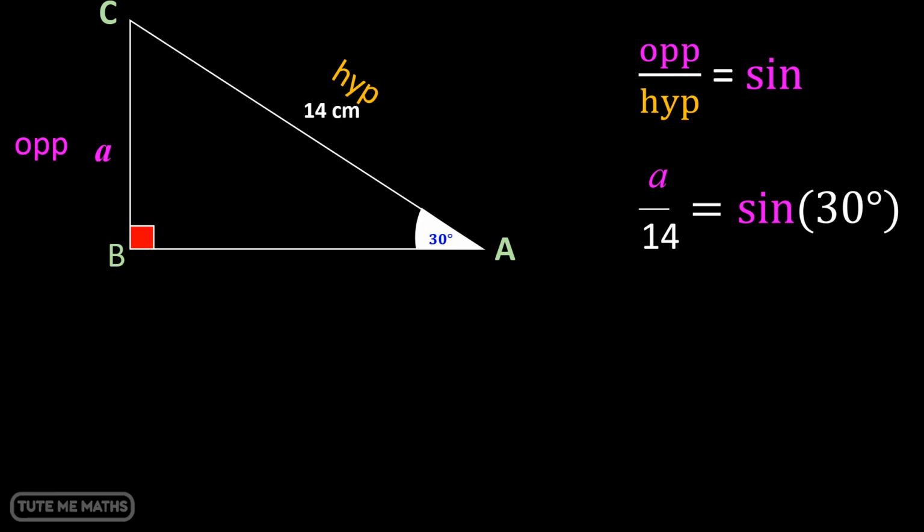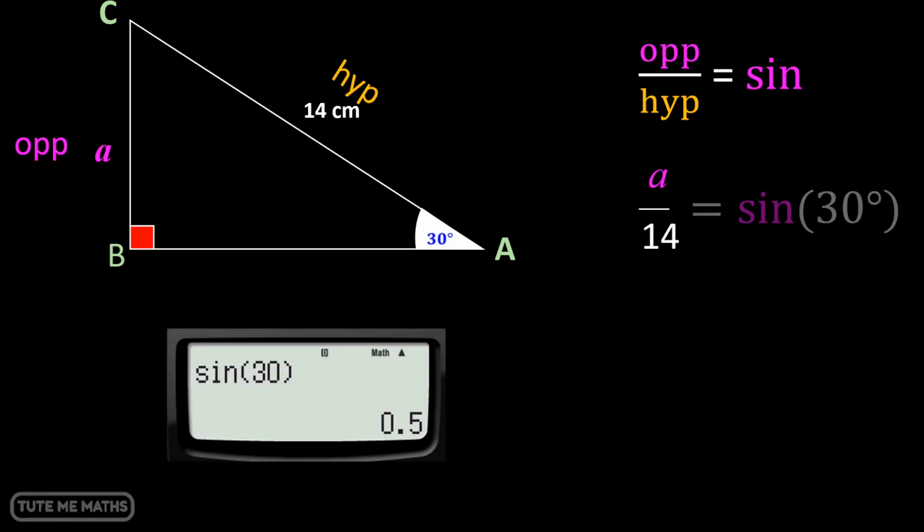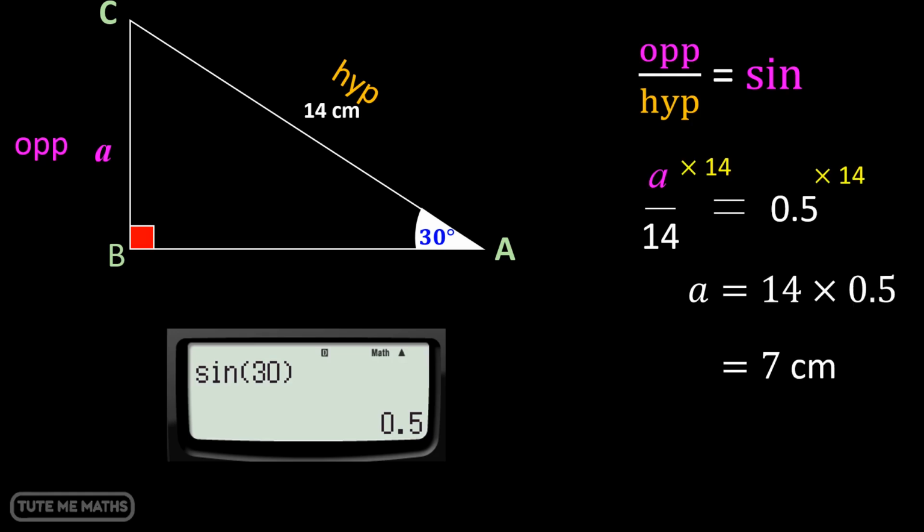This example is a rare case because we happen to know that the sine ratio of 30 degrees is exactly 1/2, or 0.5. We could have written this instead, giving us a very basic one-step equation to solve. Using the balance method for solving equations, we simply multiply both sides by 14, which gives us this expression. And 14 times 0.5 is 7, as expected.